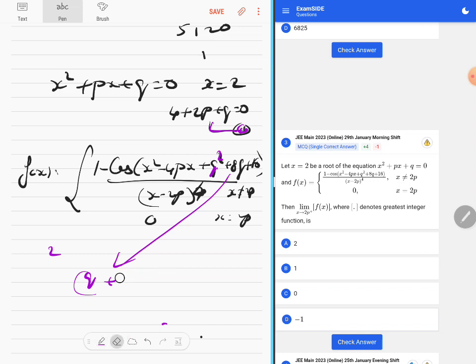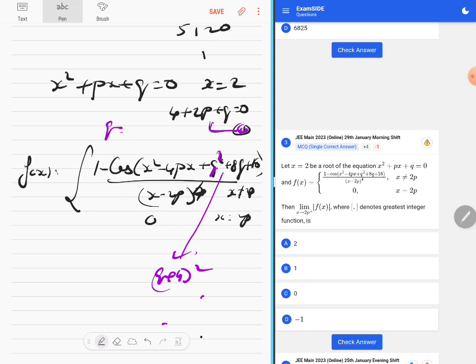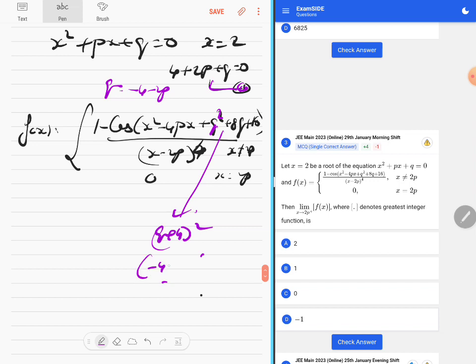So you can replace this as q plus 4 the whole square. And what is q from here? q itself is minus 4 minus 2p. So substituting minus 4 minus 2p plus 4 the whole square, you get 4p square with a plus sign.